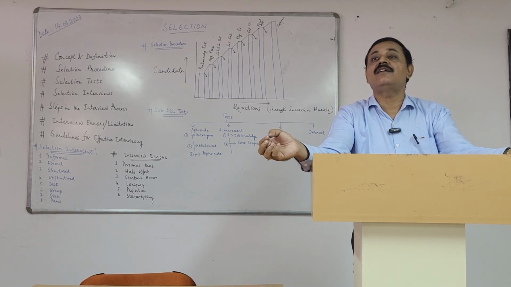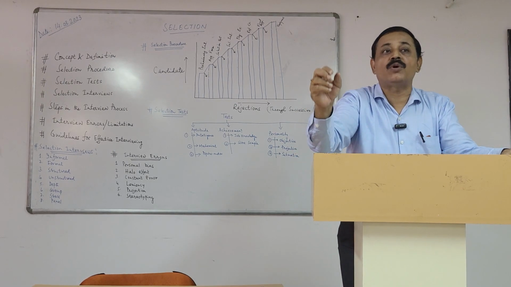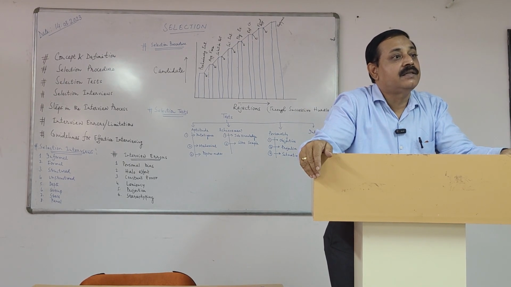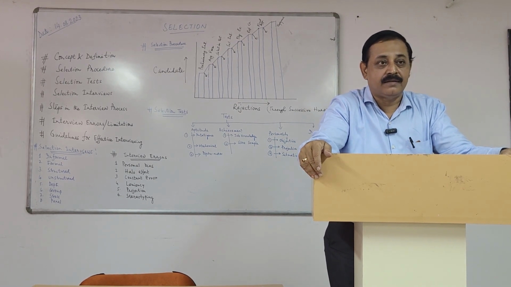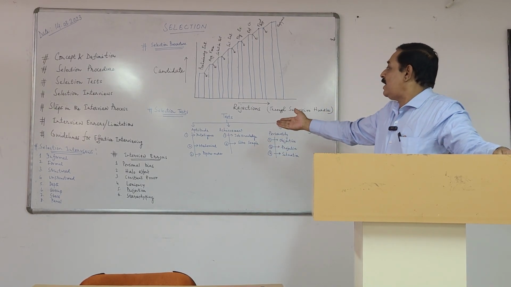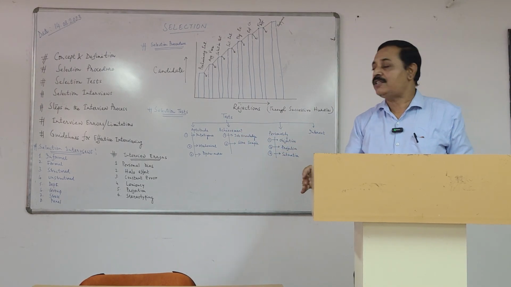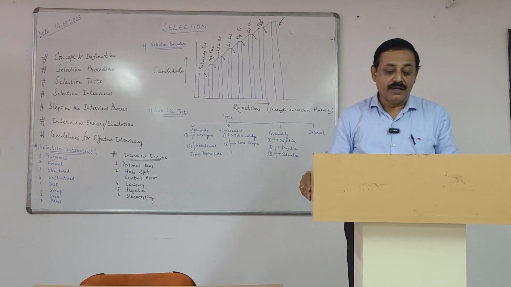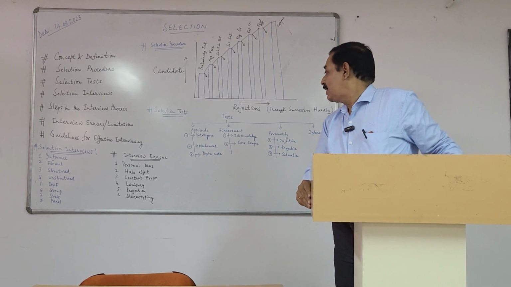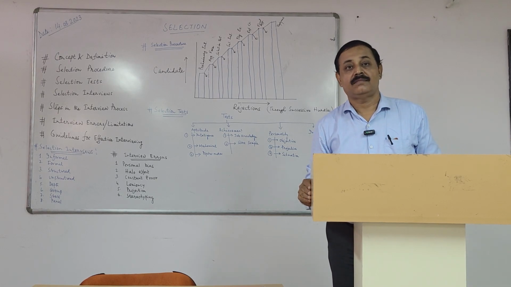So these tests are designed in such a way that the psychomotor ability of the candidate is tested. Right? So here, in the aptitude test, intelligence tests, mechanical tests and psychomotor tests are designed.